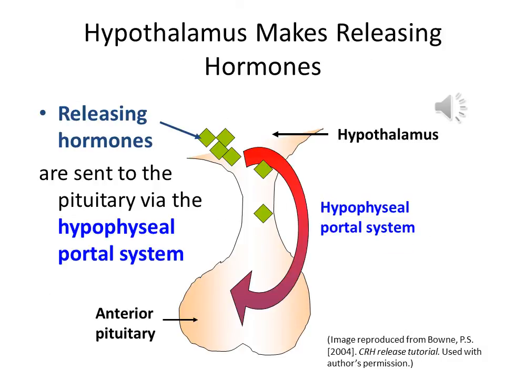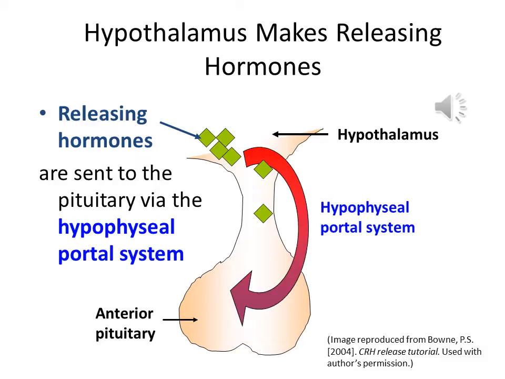Alright, a little bit more about the hypothalamus and what it does. The hypothalamus makes releasing hormones. The releasing hormones are sent to the pituitary via the hypophyseal portal system. Those hormones are the corticotropin releasing hormone, the thyrotropin releasing hormone, the growth hormone releasing hormone, and the gonadotropin releasing hormone.